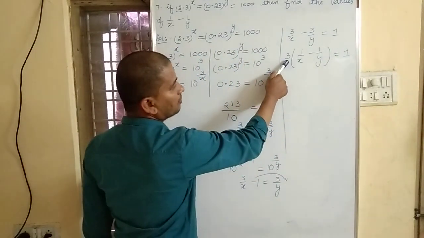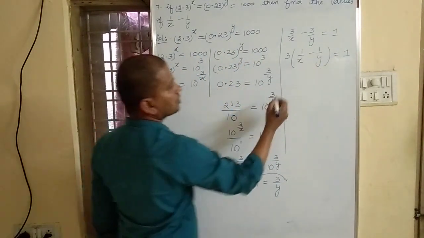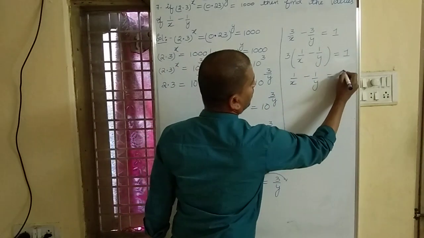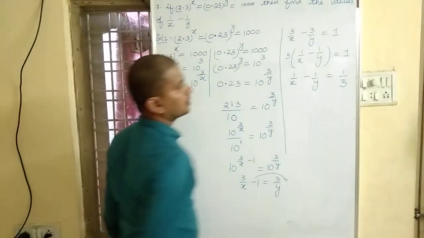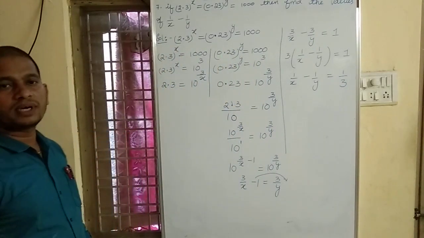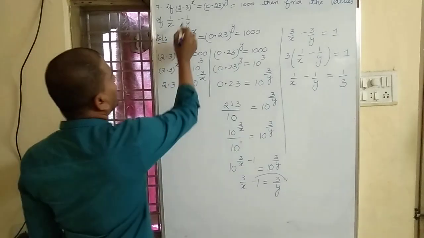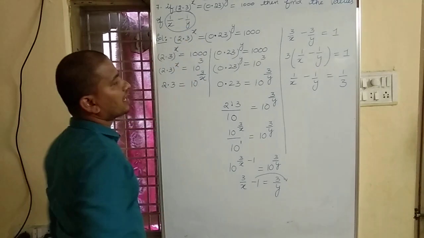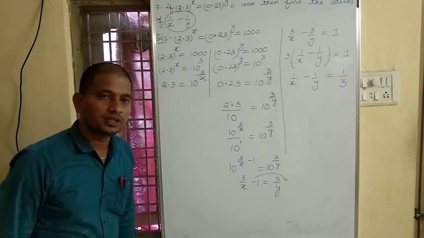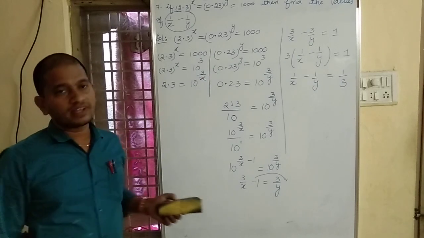As 3 is multiplying here, transposing, 1 by x minus 1 by y equal to 1 by 3. They are asking to find the value of 1 by x minus 1 by y. The value of 1 by x minus 1 by y is 1 by 3. Okay, this is about the 7th question.